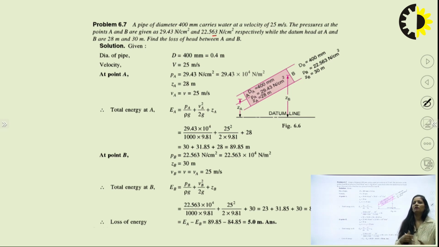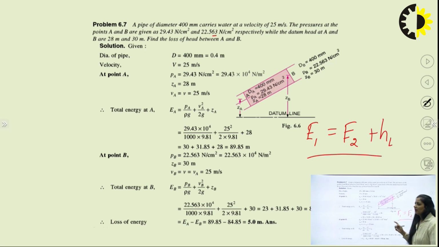Okay. So when we associate head loss, how are we going to write the equation? Let us suppose E1 is the total energy at section number 1, and E2 at section number 2, plus HL.